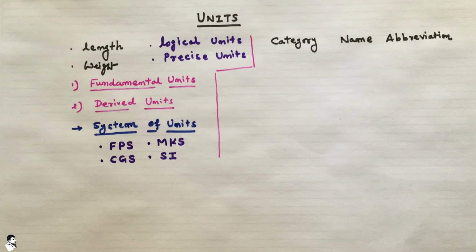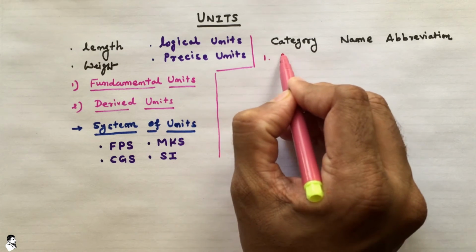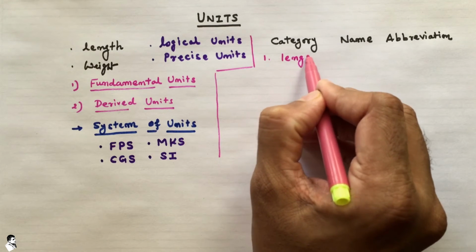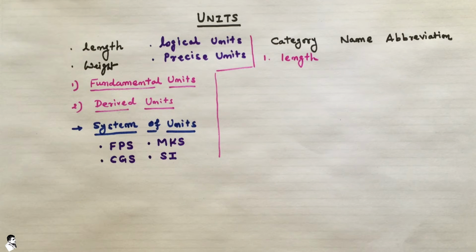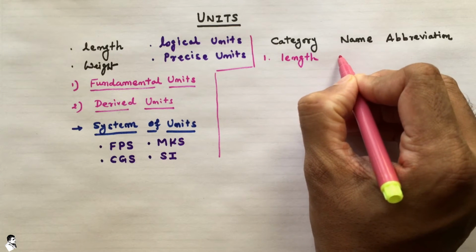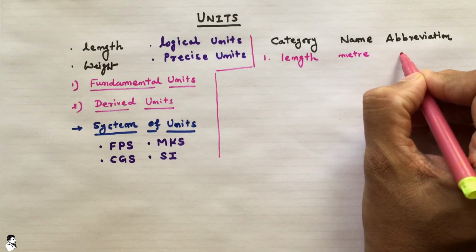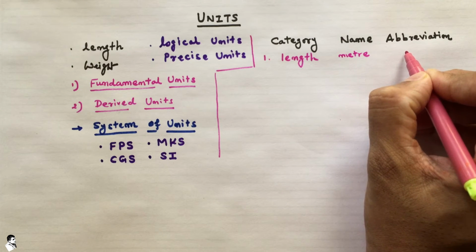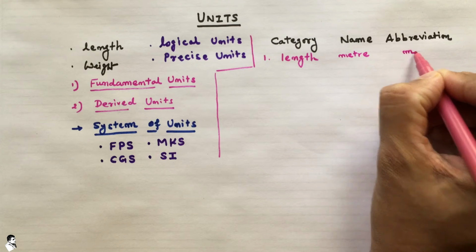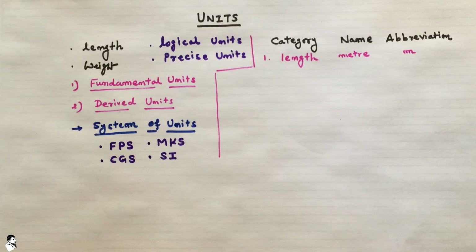Now first we consider length. The unit name of length is meter, and the symbol or abbreviation of that is small m.